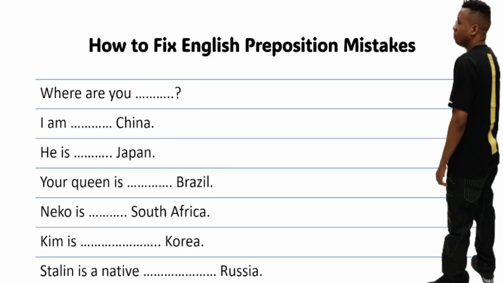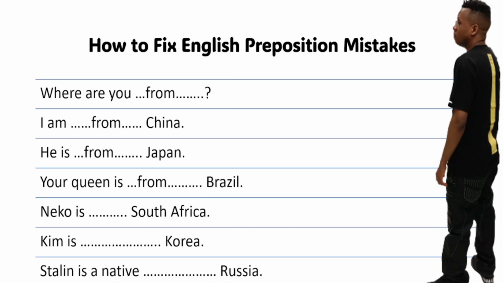So where are you from? This is a preposition. I am from China. He's from Japan. Your queen is from Brazil. Nico is from South Africa.